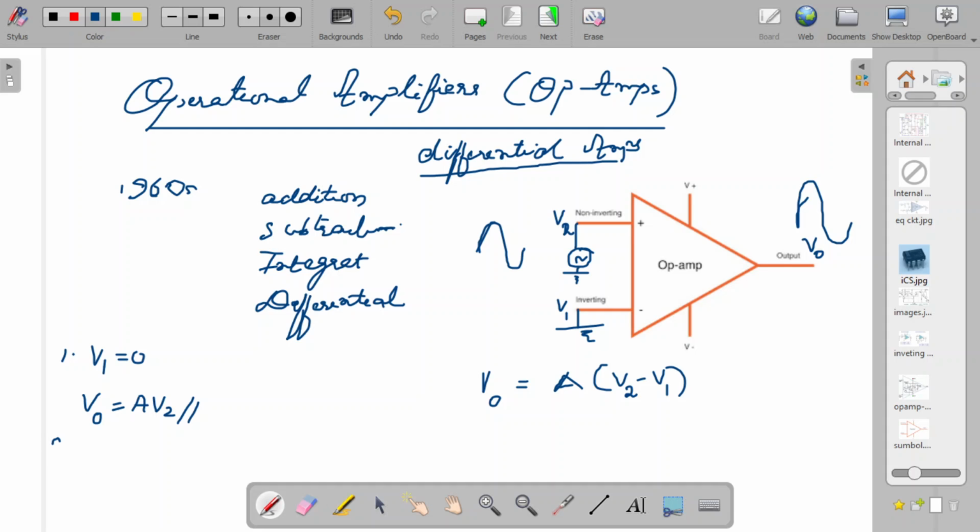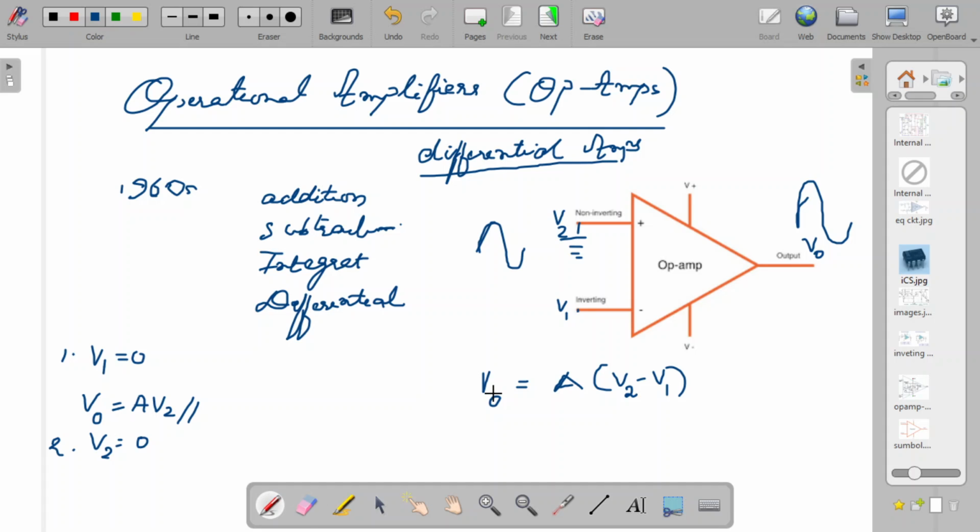But now the second case, let me take, that is I keep V2 0, don't give any input signal there, I mean that I'm grounding V2, not giving anything here. Instead, I give a supply voltage at V1.